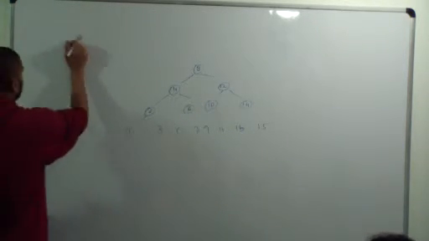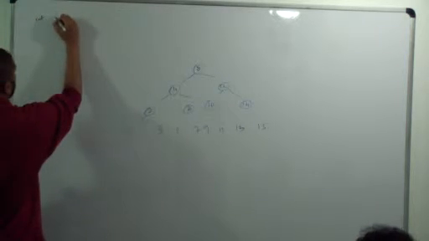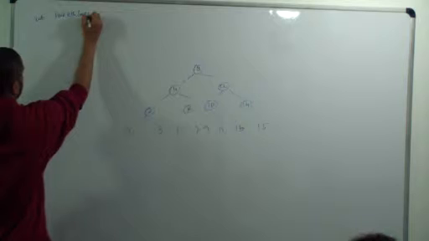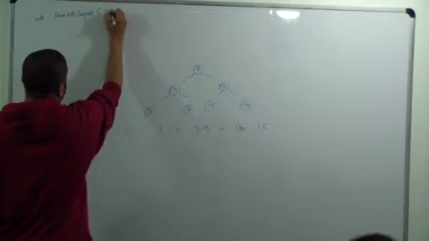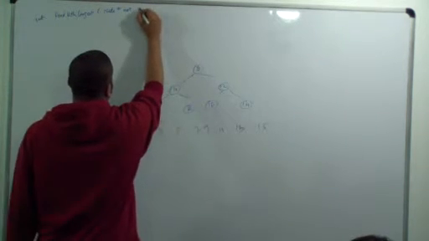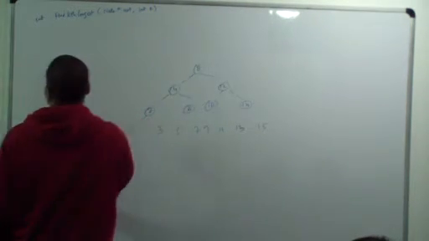So your function will be like int find kth largest, node star root and int k.